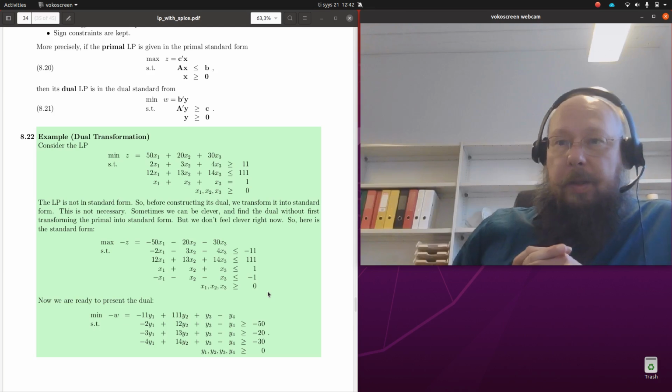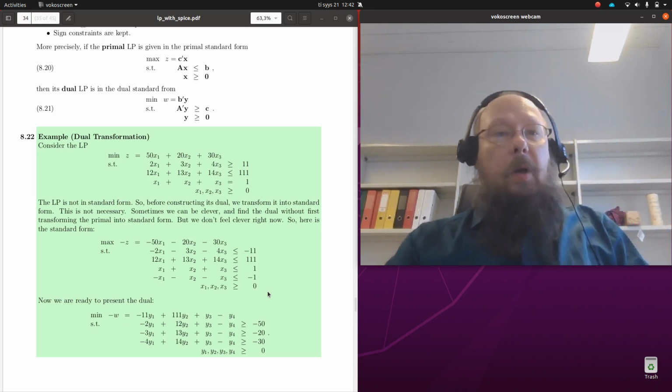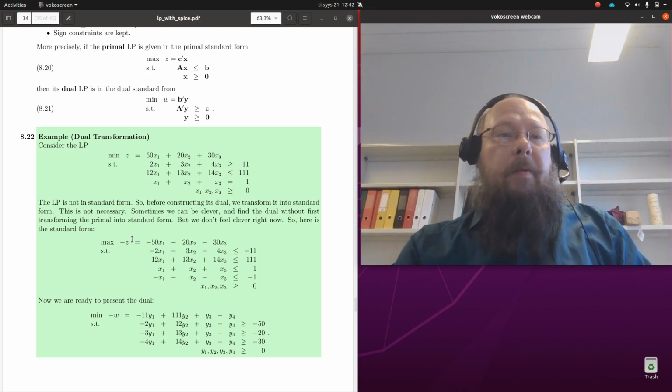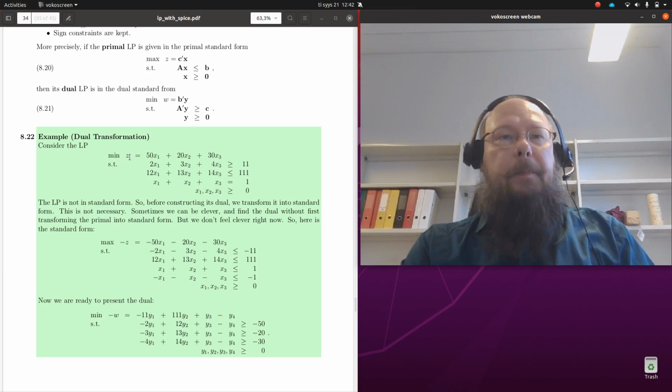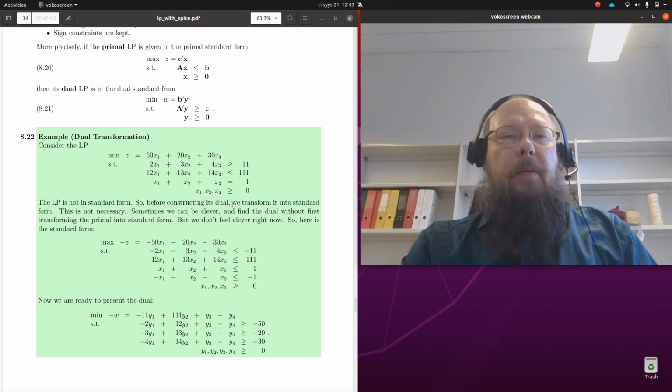So what is the dual standard form then? And the dual of this. We have a minus z, so let's call this minus w then, to keep the minuses corresponding to the fact that here we started with minimization and plus sign. It's a minimization, w equals b transpose something. So what's the b now? The b will be minus 11, 111, 1 and minus 1.